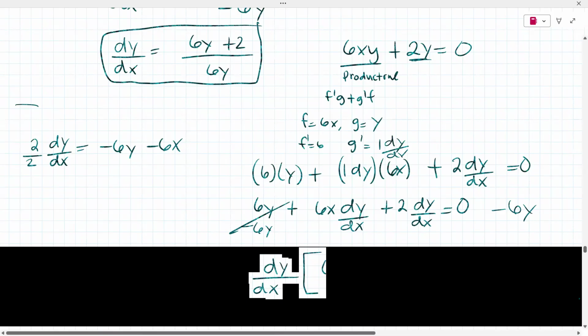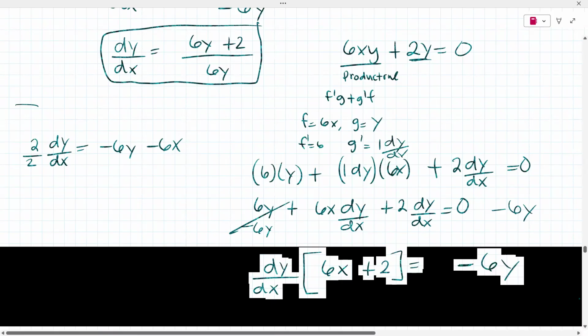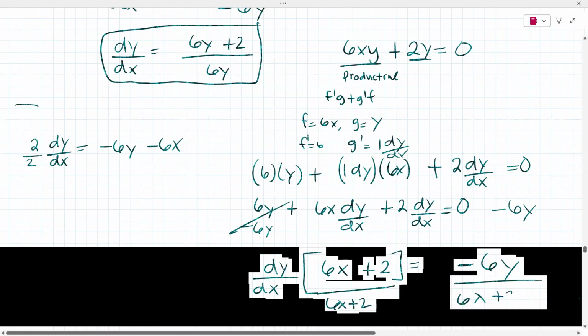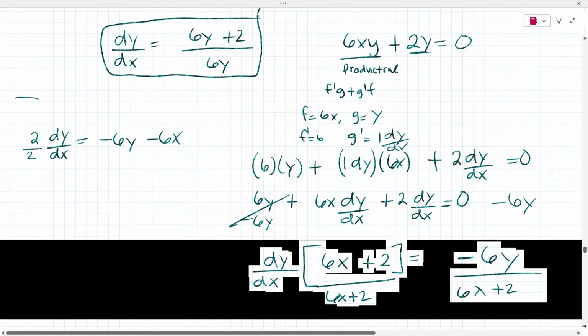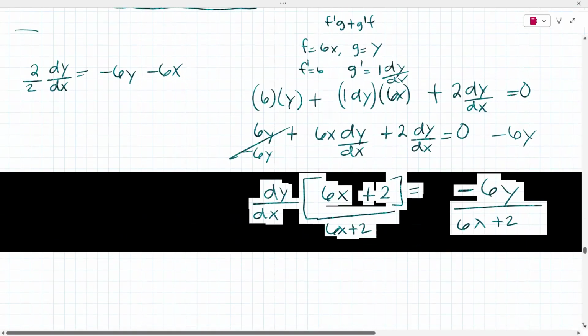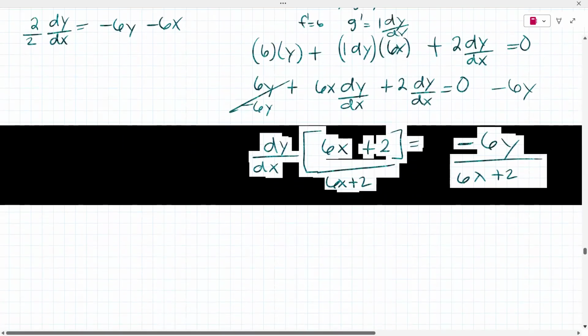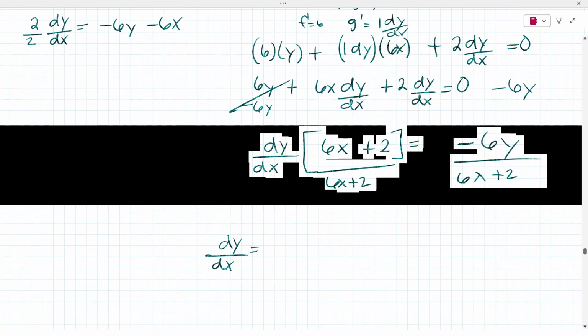And then it's going to be 6x plus 2. And then you have negative 6y. And then get rid of this 6x plus 2 by dividing both sides by 6x plus 2. So your dy dx is negative 6y over 6x plus 2.